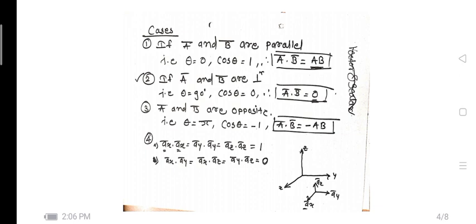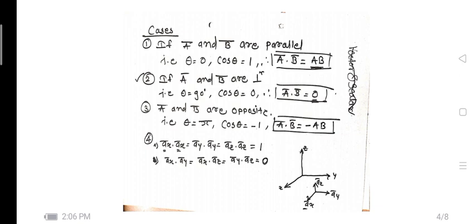If you are taking multiplication of two vectors which are same, then in that case theta is equal to 0. If theta is 0, we know that it's just multiplication of magnitude of those two vectors, and magnitude of those unit vector is 1, hence the answer is 1.